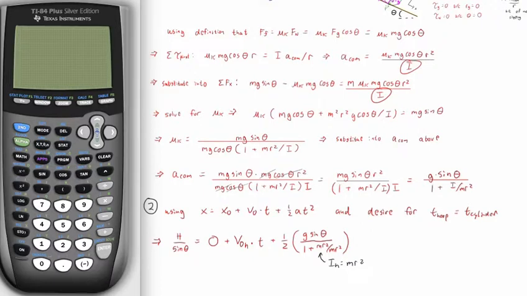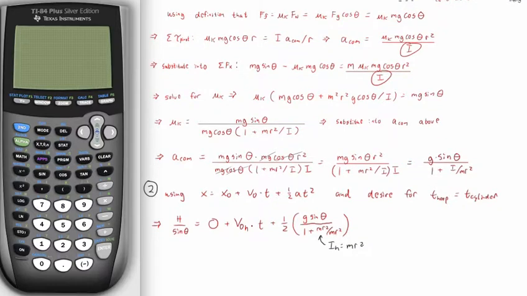Then obviously the cylinder is going to travel the same distance in the same amount of time. Because we have the same displacement, it's the same t, so our t's will cancel, and we're just going to solve for v naught h. We set that equal because they travel the same distance. This is going to be 0 plus 0 times t, because the cylinder doesn't start with initial velocity. And then plus 1/2, oh, but I should add my t squared in here. So 1/2 a t squared, good.